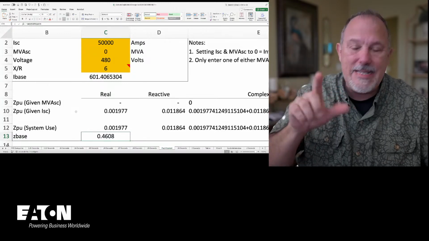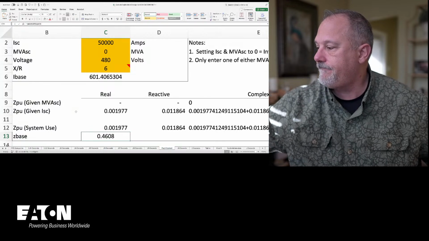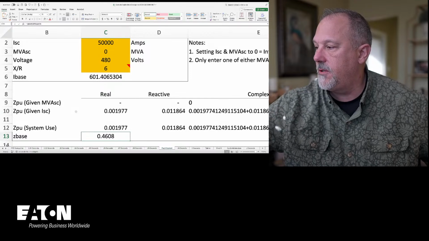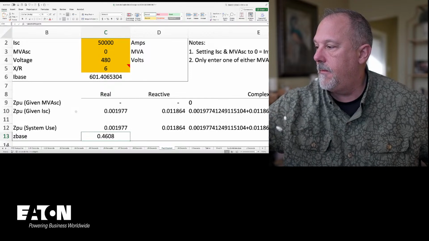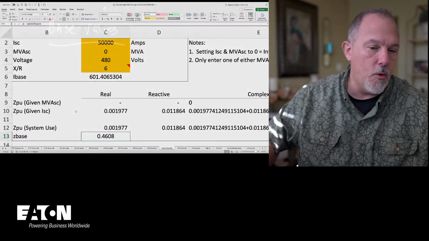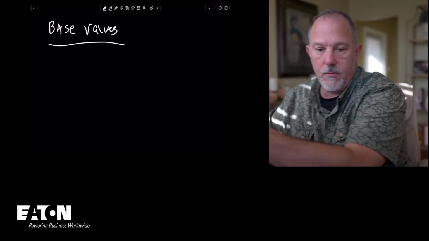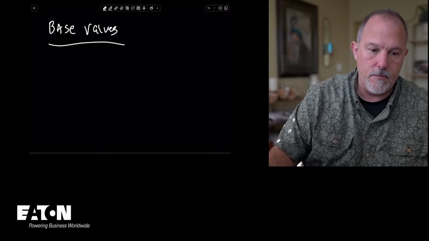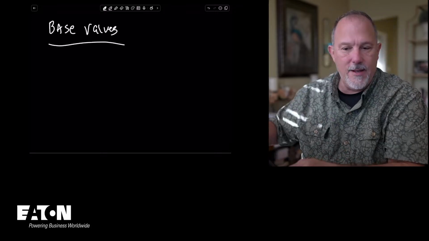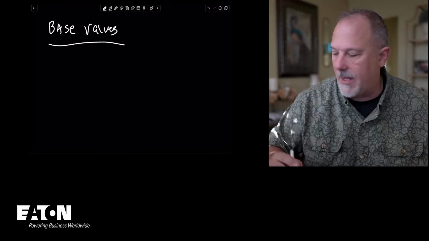So Z base. Now remember, when we do per unit, we are going to base values. So whenever we do per unit, we need to establish our base.